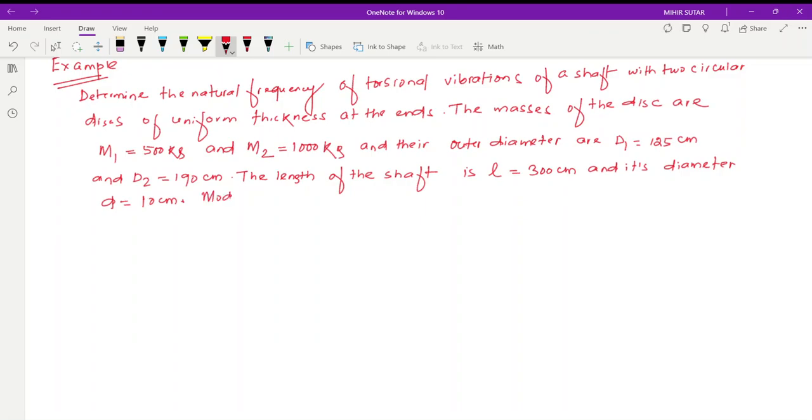Modulus of rigidity for the shaft material G is 0.83 into 10 to the power 11 Newton per meter square.